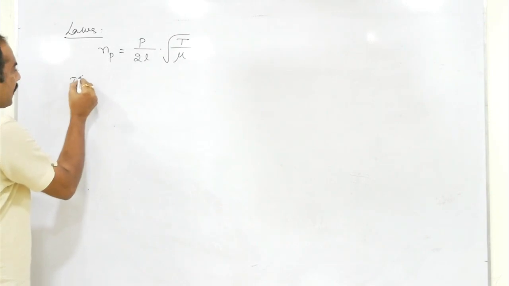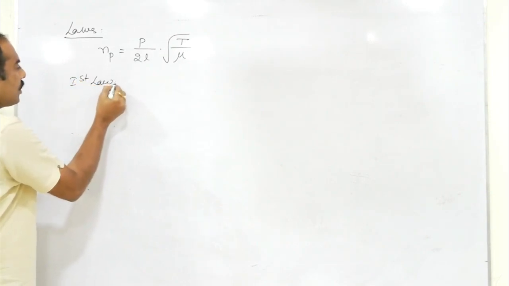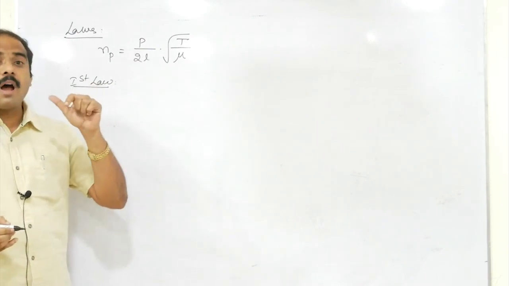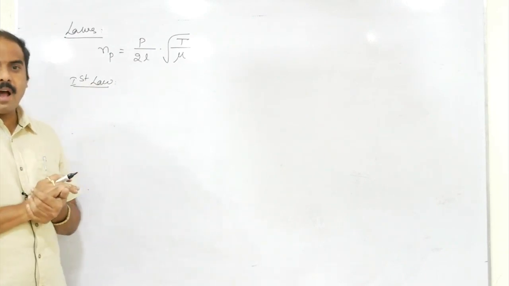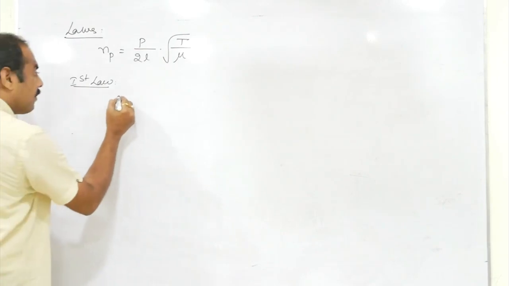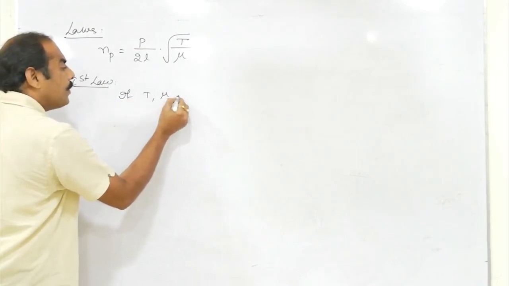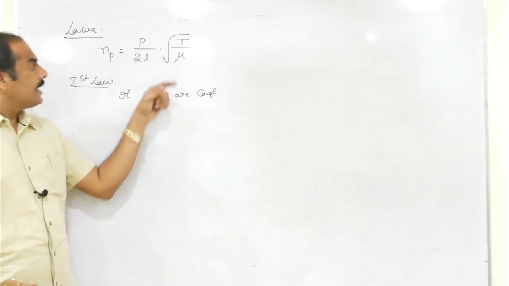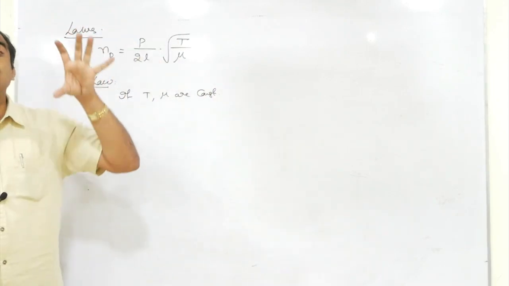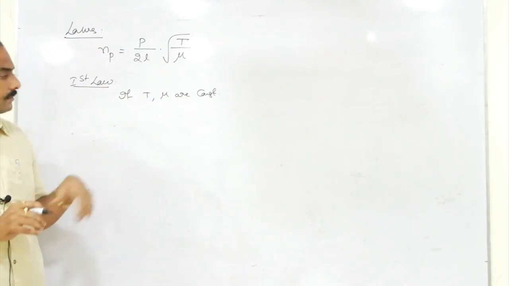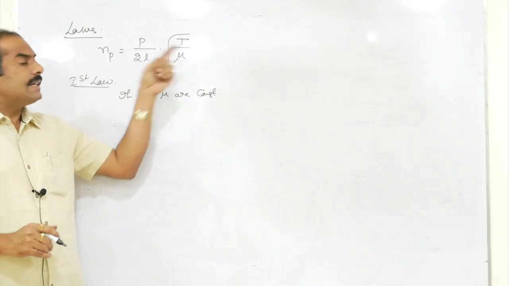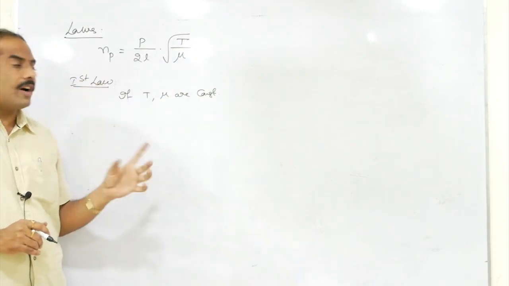What is the first one? First law. You can consider it as the first law or law of length. Law of length: if T, mu are constants, T means the tension attached to the string is constant.